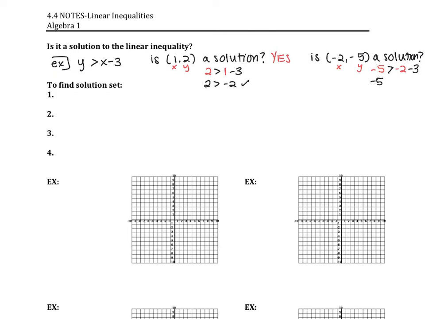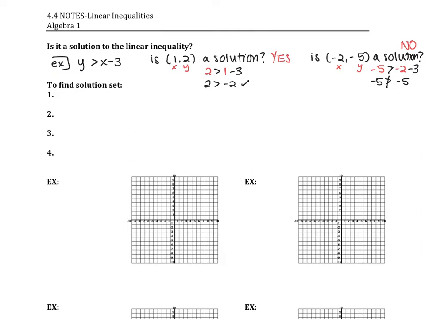So simplifying, is negative 5 greater than negative 5? The problem with this one is the answer is no. Negative 5 is not greater than negative 5. So negative 5 is equal to negative 5. So if that had been an equal sign as well, we could say yes, but it is not. So that's how we determine if something's a solution.